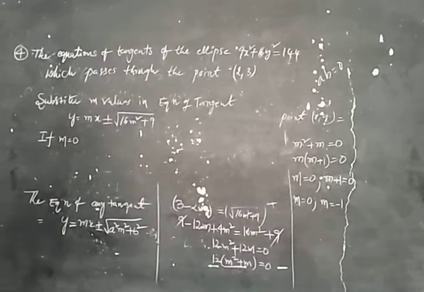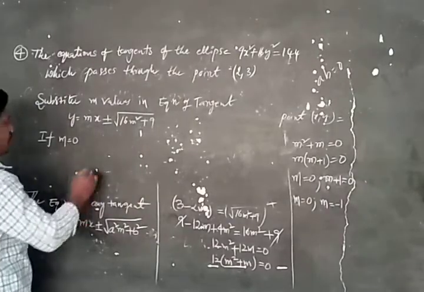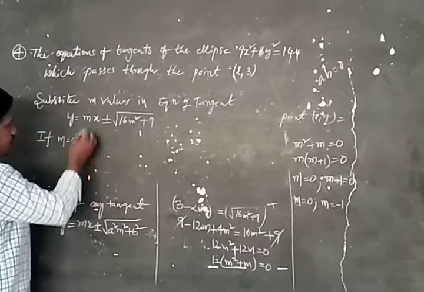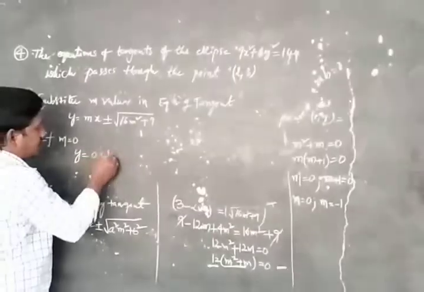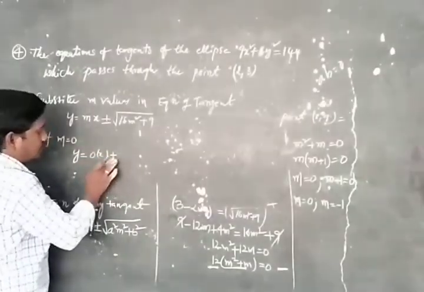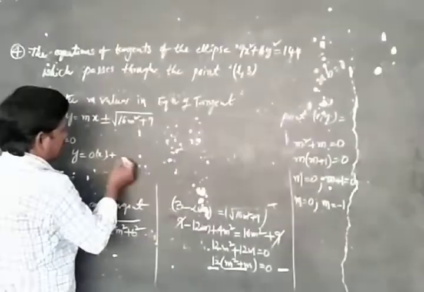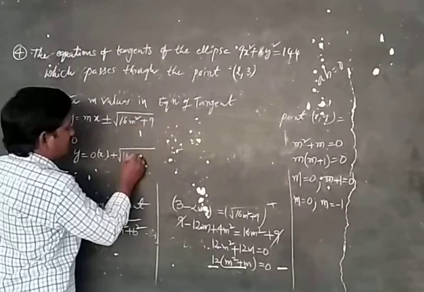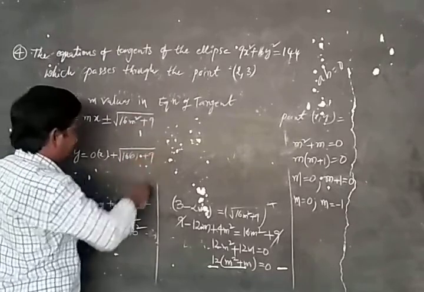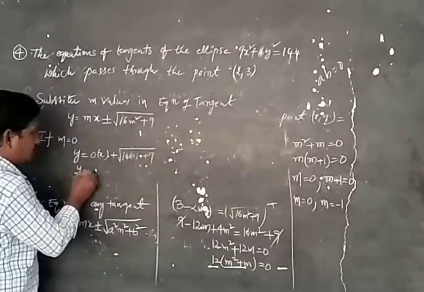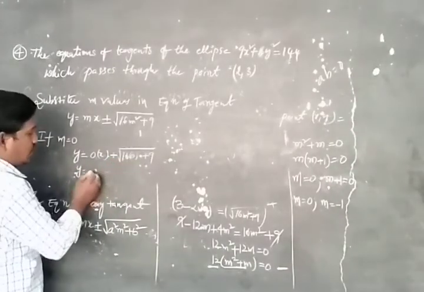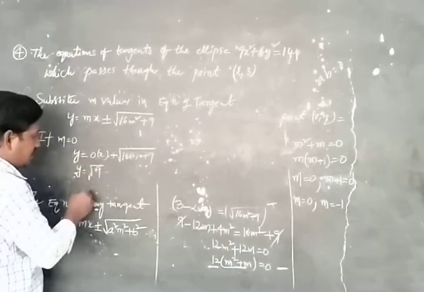Now if m equal to 0, substitute in y equal to mx plus or minus root of 16 into 0 square plus 9. So y equal to 0 into x, everything 0, and 16 into 0 is 0.